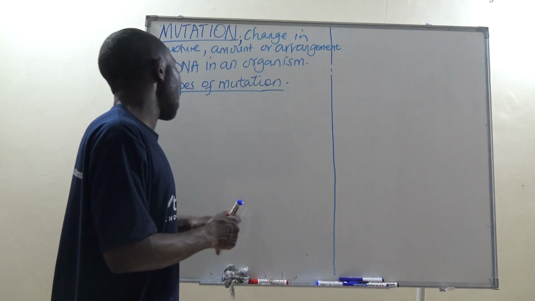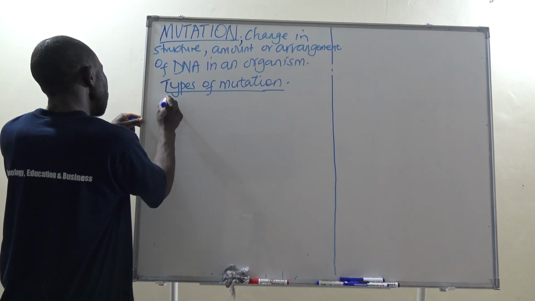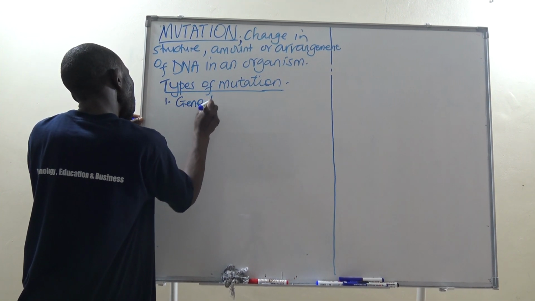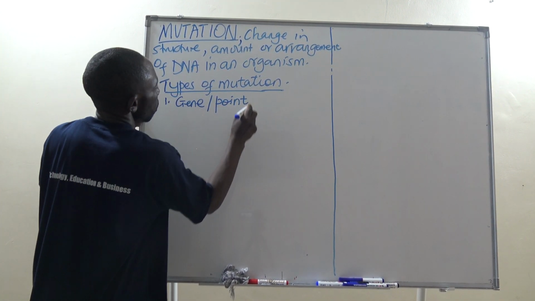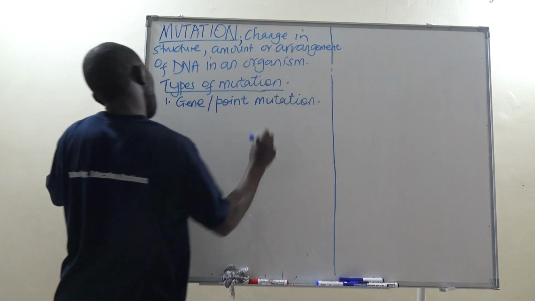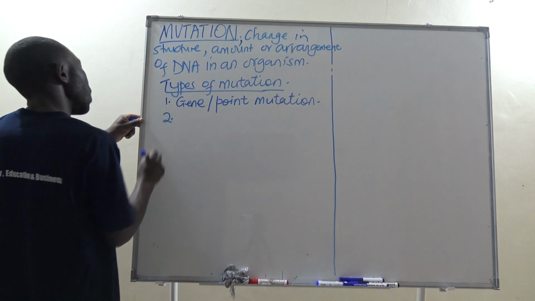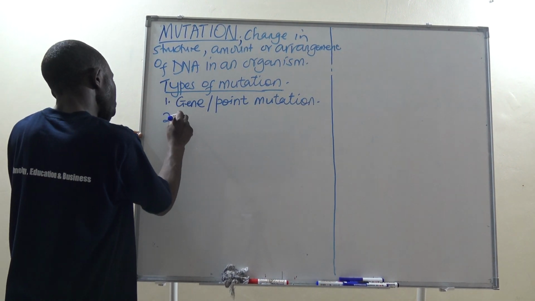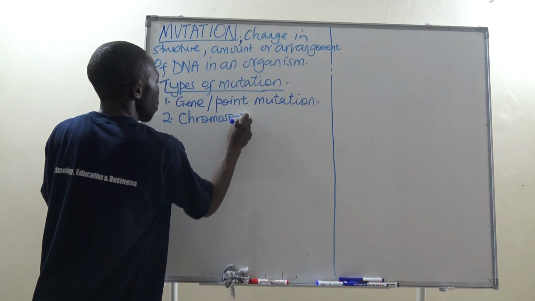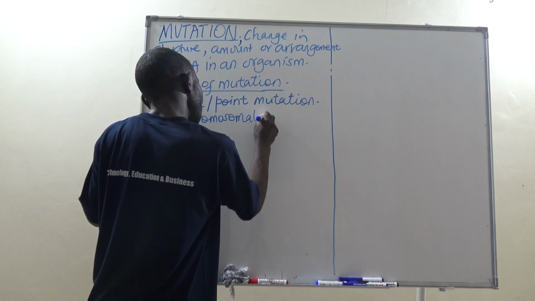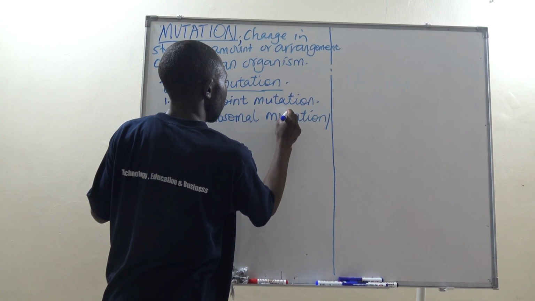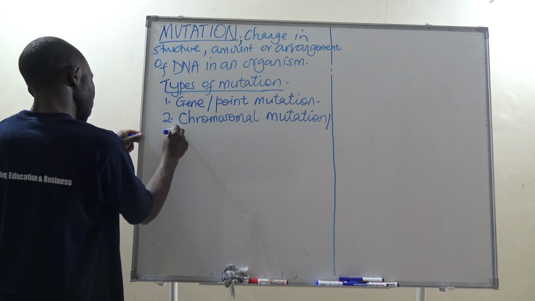We shall be looking at each one of these. One is called gene or point mutation, and the other is called chromosomal mutation, also called chromosomal aberration.